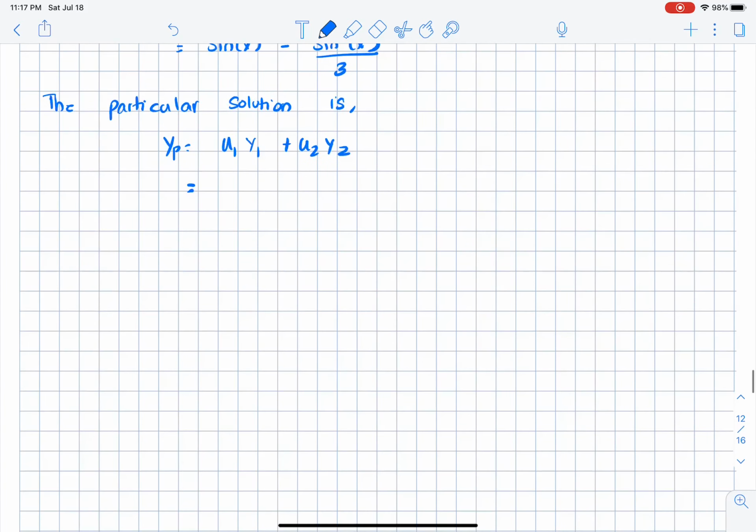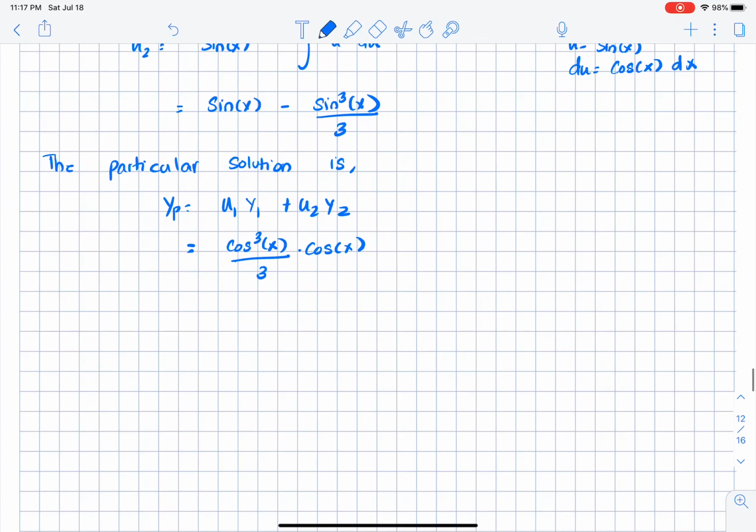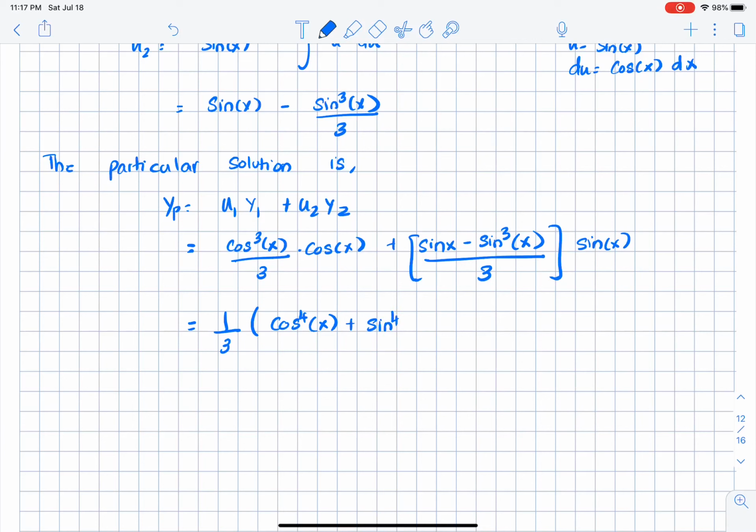What we have is cosine cubed x over 3 times cosine x plus sine x minus sine cubed x over 3 times sine x, which we could write as 1 over 3 cosine to the 4th x plus sine to the 4th x plus sine squared x over 3.